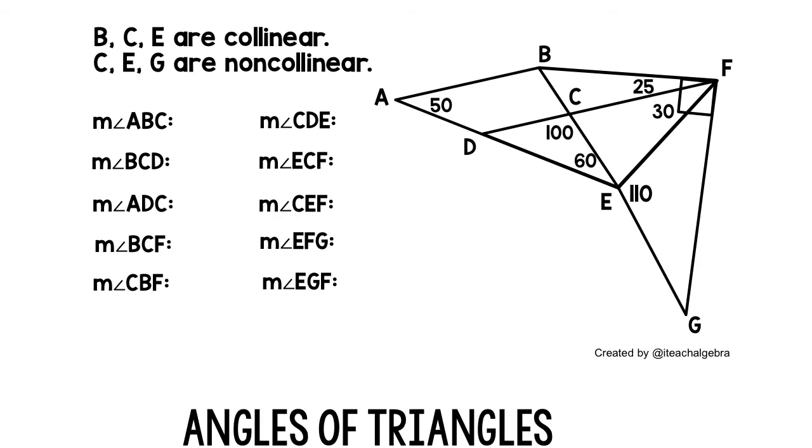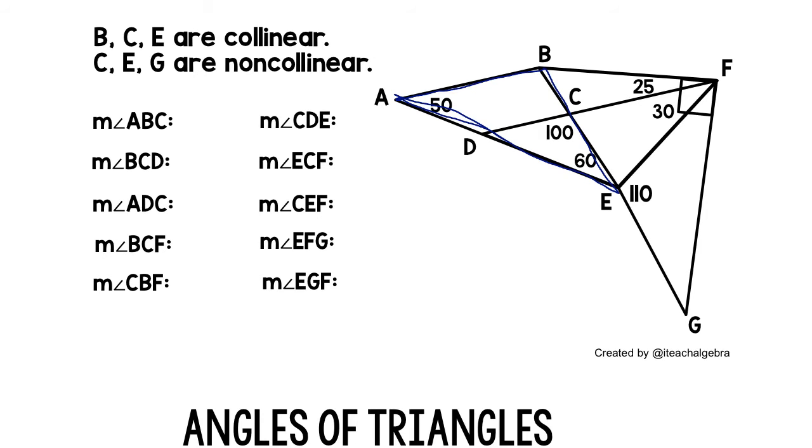We want to know the measure of angle ABC. This one gets a little confusing because you have to remember that we're looking at this triangle, A, B, E triangle, okay?